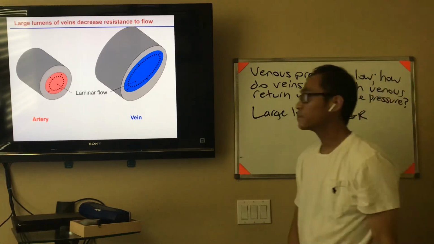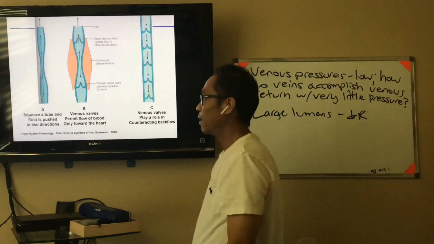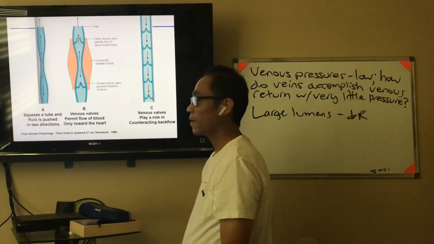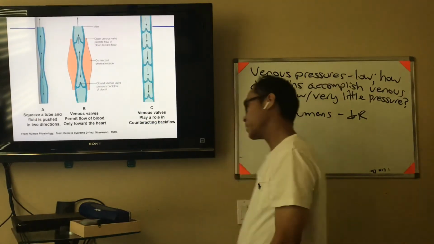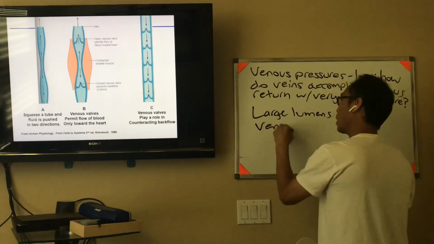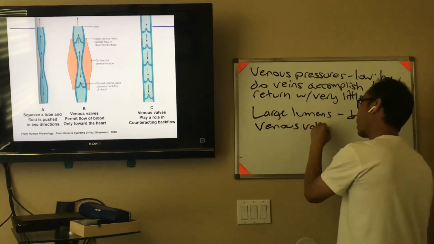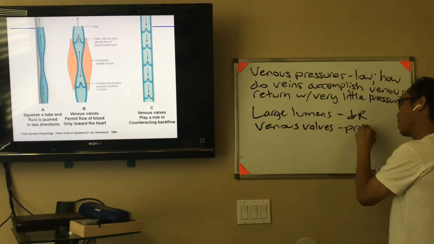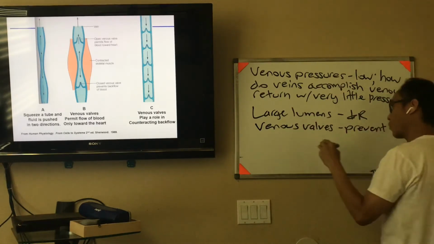Okay, good. That helps. And the other is venous valves. Arteries don't have valves, veins do. They prevent backwards blood flow.